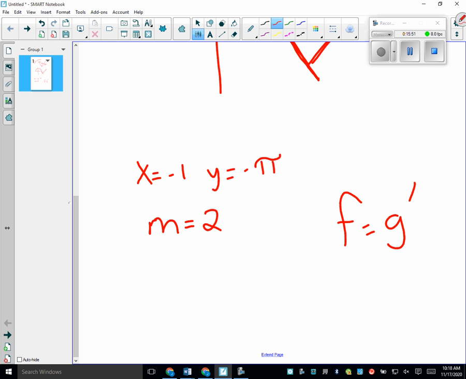And it changes concavity when the slope of the tangent line changes from positive to negative or negative to positive. So does that happen at either 1 or 2? 1. So the answer to E is x equals 1. Why?